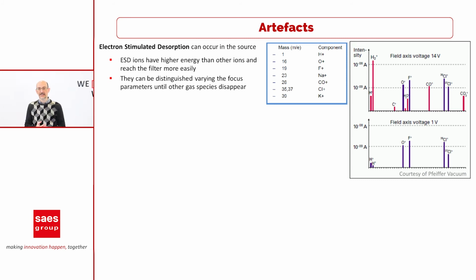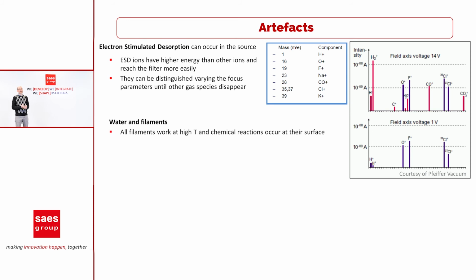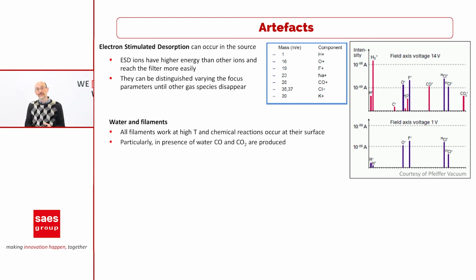The second kind of artifacts is mainly related to high vacuum systems where water is present. All filaments work at high temperature, and chemical reactions occur at their surface, depending on temperature and their chemical nature. In particular, all filaments produce CO and CO2 in presence of water, and tungsten produces methane too.